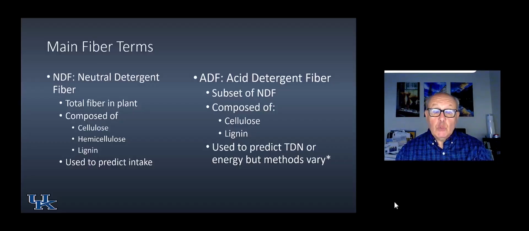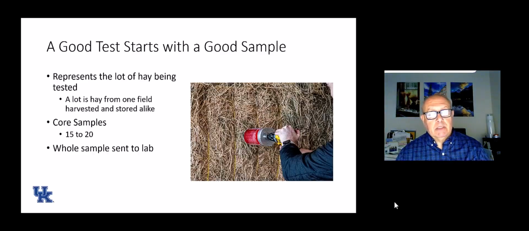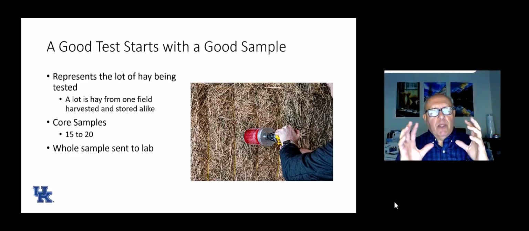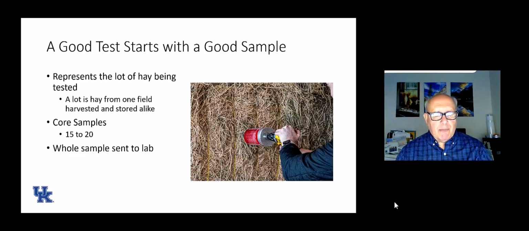Now, we do use ADF in the prediction of TDN, but the methods vary greatly. And when I say that, I'm saying that individual laboratories will most likely use different equations for calculating TDN.